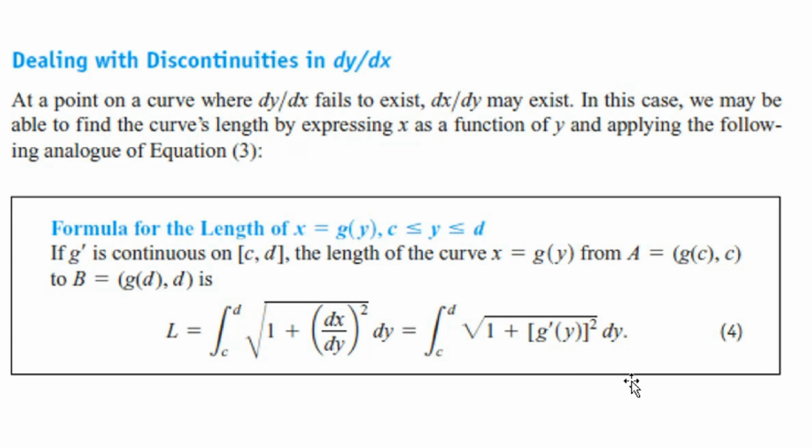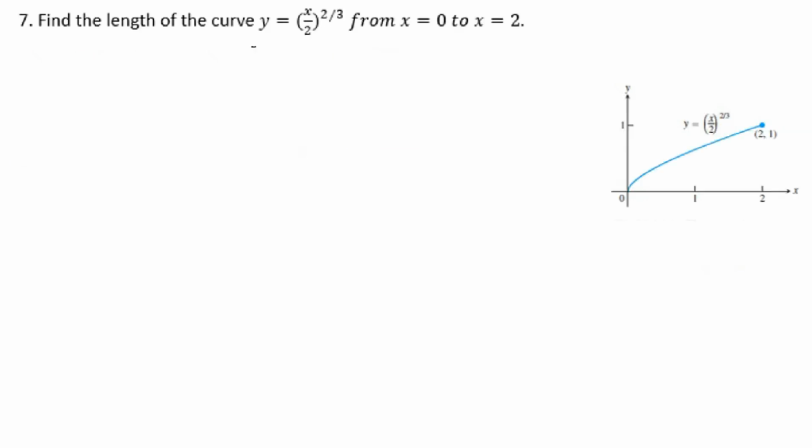Or it is the integral of the square root of 1 plus the square of the derivative of g of y, dy, from c to d. Let us try to apply this equation number 4 to find the length.